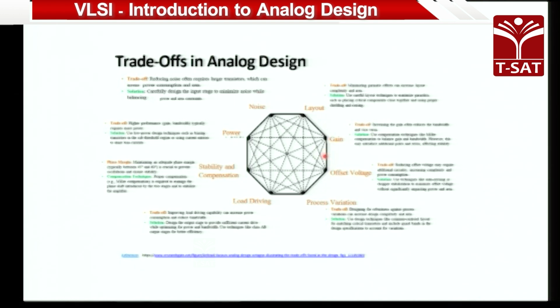Now, if you look at this, these are all interconnected, guys. If you try to improve noise, you may end up consuming more power. If you try to reduce power, you may end up having an unstable system. If you try to improve offset, you may end up having more area, which is layout. So these are the factors.